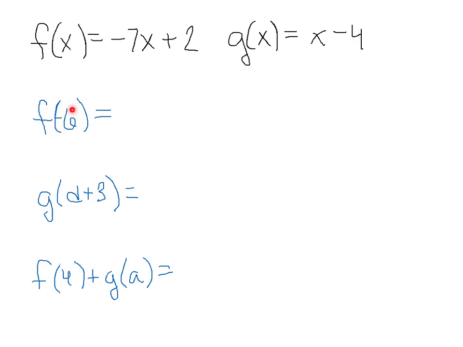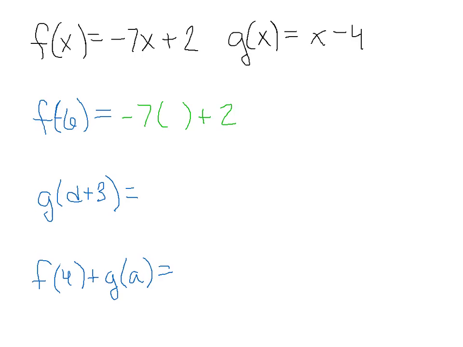We're going to take negative 6, and every time we see x, we're going to plug in negative 6. So I'm going to rewrite this function down here as negative 7x plus 2. But notice how instead of x, I put a set of parentheses. At this time, I want you to fill in what you think goes in those parentheses based on what I said.